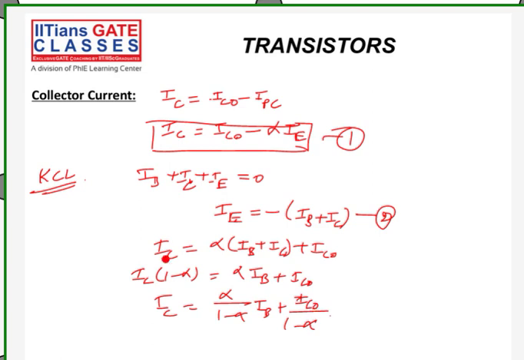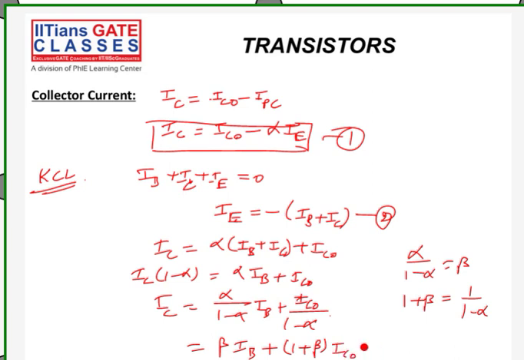We know alpha by 1 minus alpha equals beta, and 1 plus beta is equal to 1 by 1 minus alpha. I can calculate from this. So here I can write IC equals beta IB plus 1 plus beta ICO. That is the third equation.